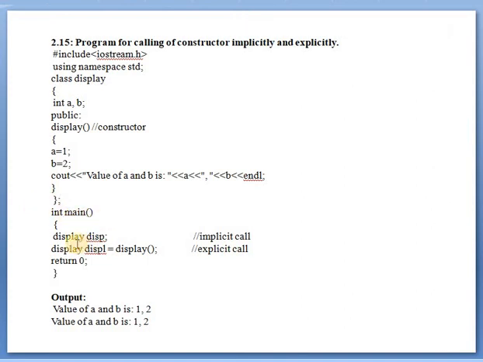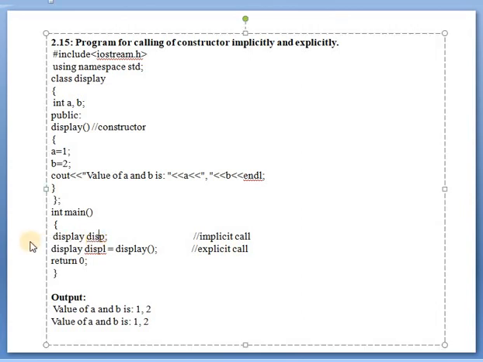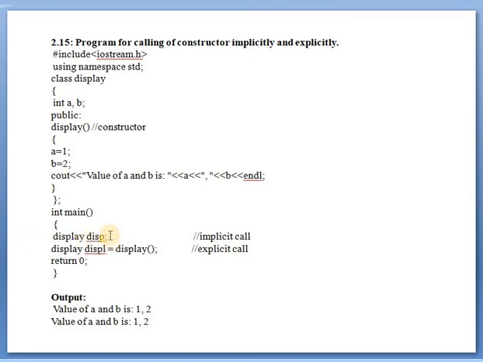Now int main. Here, display disp. Here we are creating the object disp of the class display, and this is the implicit call. Why? Because after creating this object, the constructor is automatically called. So after creating the object, this constructor will be executed.